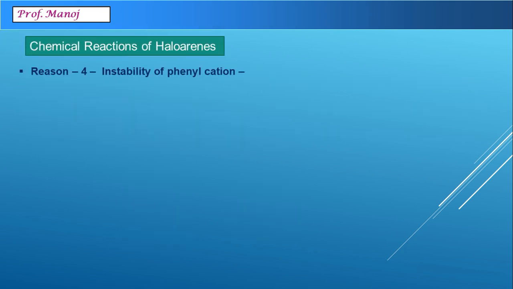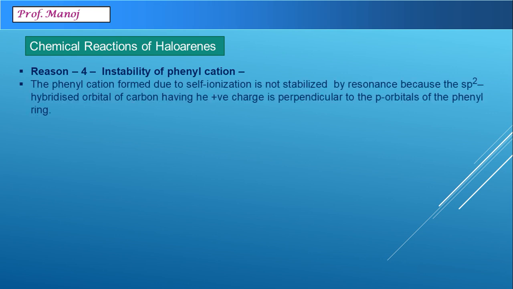The fourth reason for less reactivity is instability of phenyl cation. When we studied SN1 reaction, we had seen that tertiary butyl chloride can release chlorine to form a carbocation.